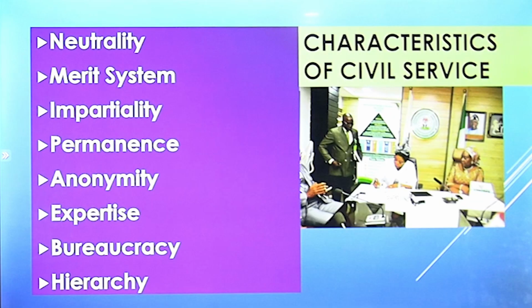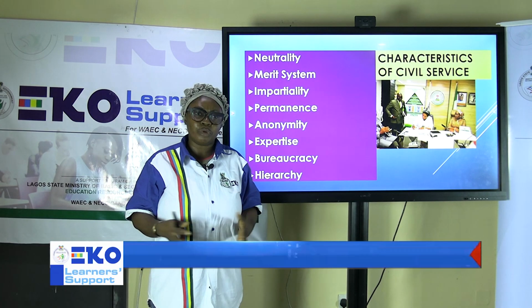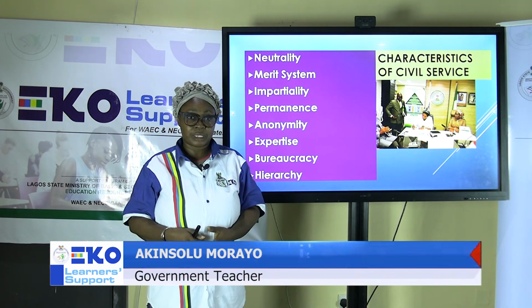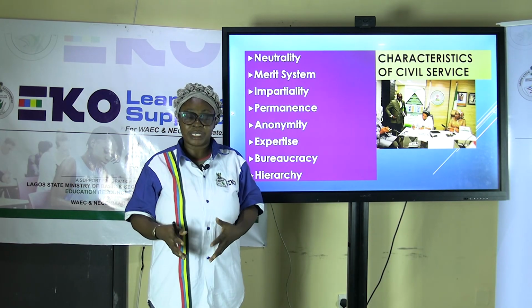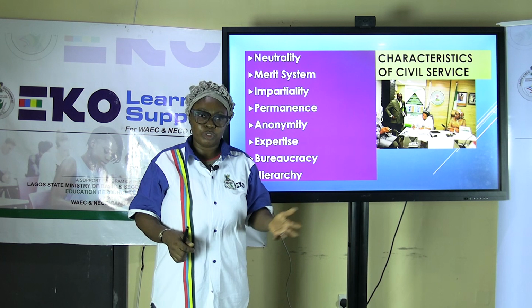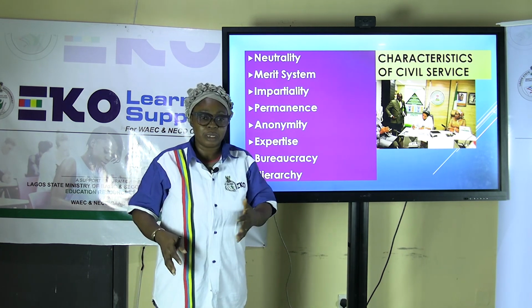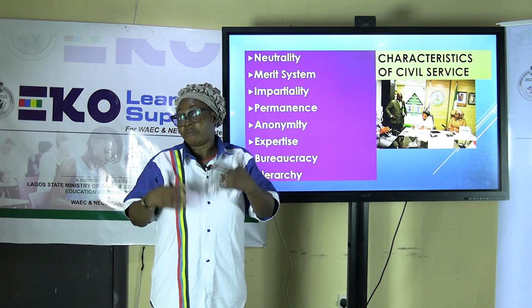And also, permanence. Government comes, government goes. But in the civil service rule, we have 35 years as a civil servant. In politics, it is either 3 years, 4 years, or a maximum of 8 years.